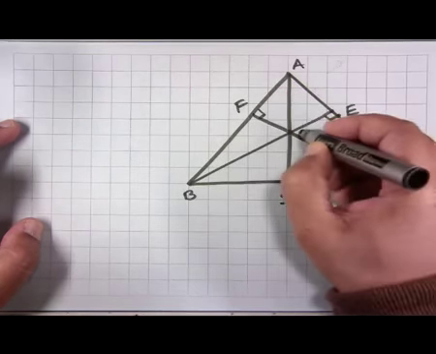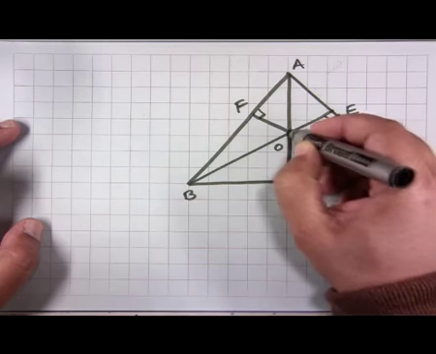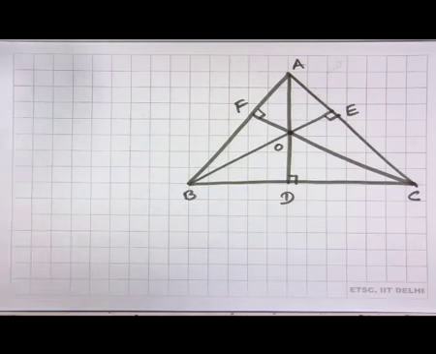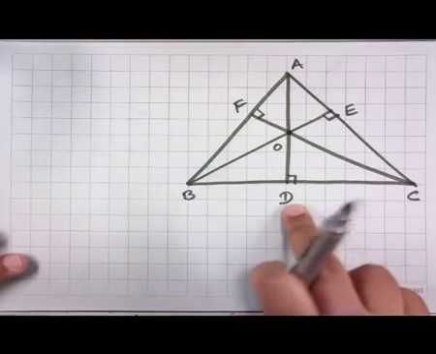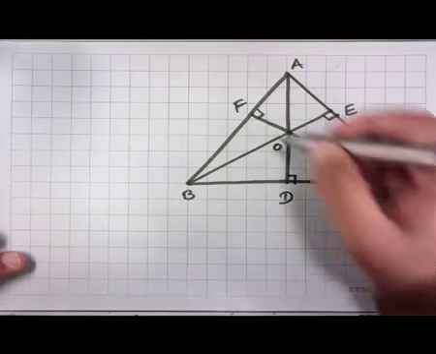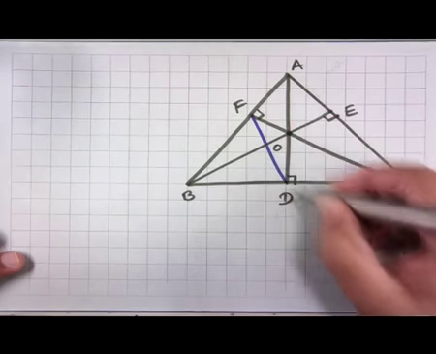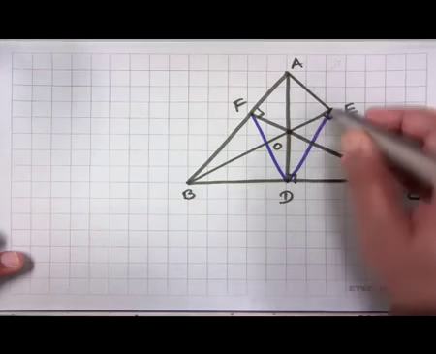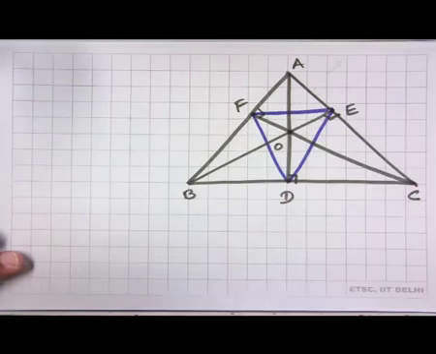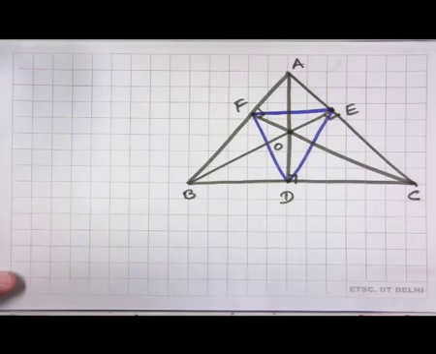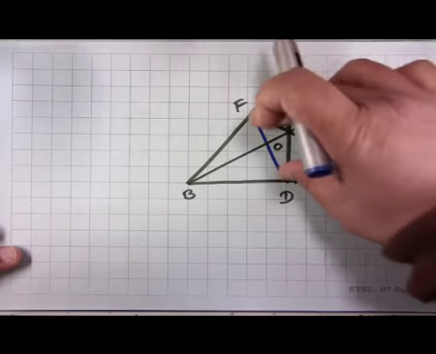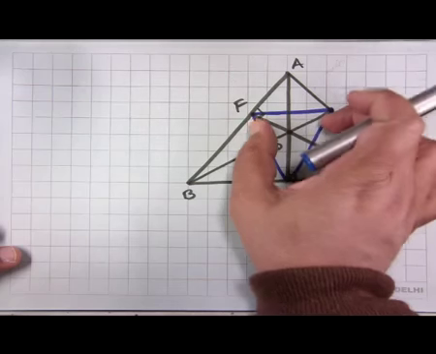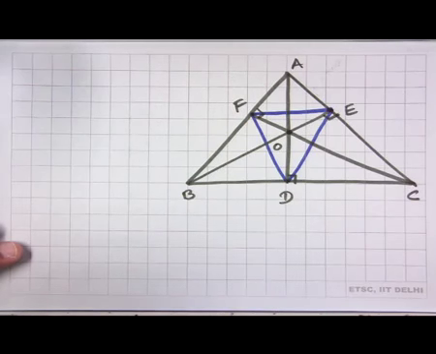And they meet at the orthocenter O, which is this point. And when we join the pedals, so these three points D, E and F are called pedals. So, by joining the 3 pedals by straight lines, we get the pedal triangle FDE, whose angles we have already computed the expressions for, and we are now interested in expressions for the lengths of the 3 sides of the pedal triangle FED.